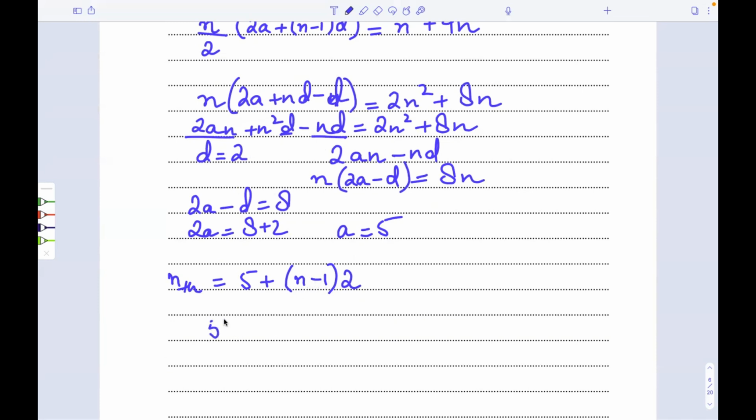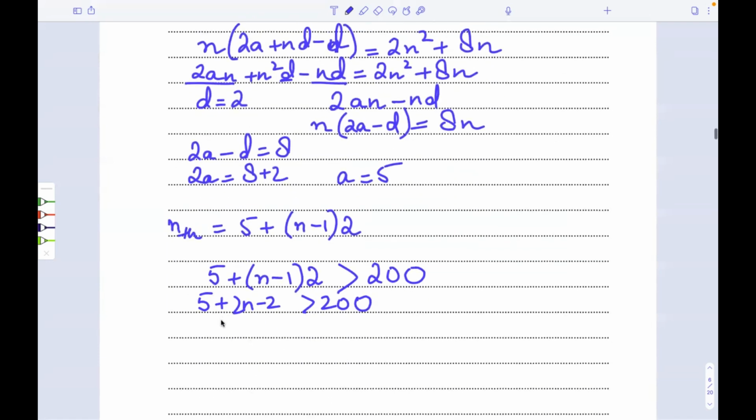So we can write this formula as 5 plus n minus 1 into 2. In this case, it is k, so we can replace it with k later on, and this is greater than 200. So solving this, we get 5 plus 2n minus 2 is greater than 200. Simplifying, we get 2n is greater than 200 minus 5 plus 2.